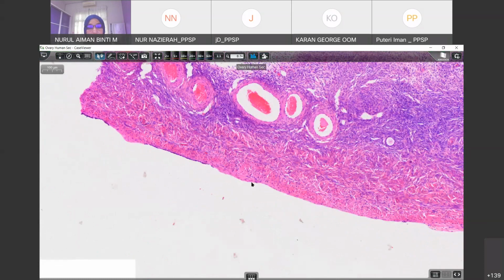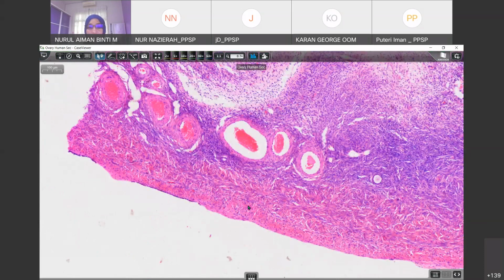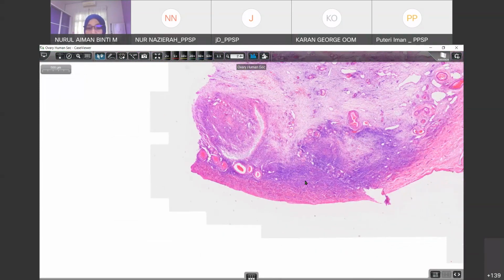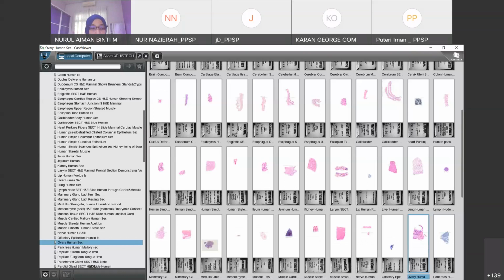It doesn't matter at this stage, you don't have to identify the organ yet, unless you are in second year, then you can identify the rest of the organs. Okay, the next, simple cuboidal, simple squamous. Another skin is stratified.